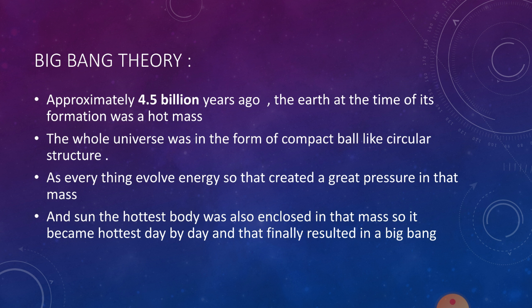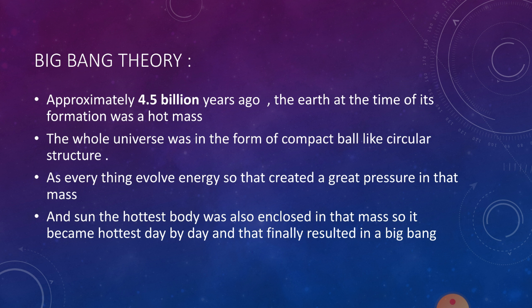First of all, it is believed according to the Big Bang theory that billions of years ago the earth at the time of its formation was a hot mass. Why was it a hot mass? Because the whole universe was in the form of a compact ball, like a circular structure. All the things present in the universe now were in the form of a bigger ball, which became hotter and hotter because all of the things present within this ball were evolving heat.